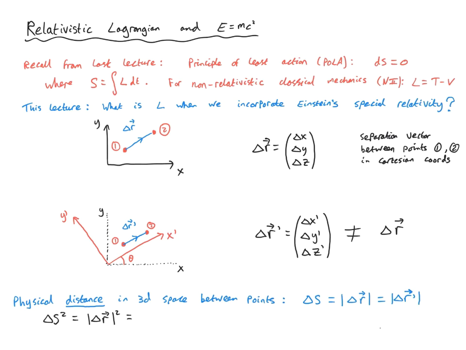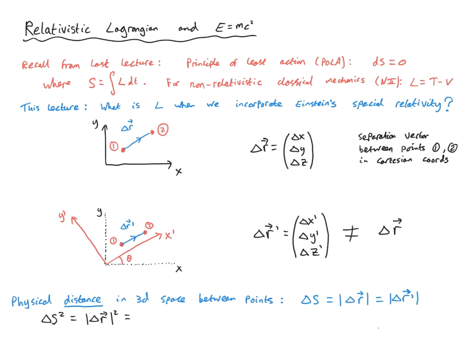That's, of course, going to be the square modulus of the vector delta r, which we can in turn write as the dot product of the vector delta r dotted into itself, delta r dot delta r. And we know how to compute dot products for vectors. That's clearly delta x squared plus delta y squared plus delta z squared.